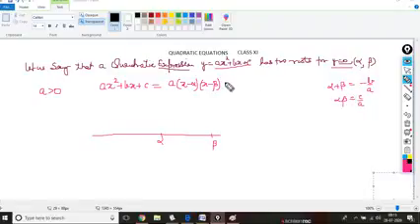So if you simplify this, you get a into x square minus (alpha plus beta) into x, plus alpha beta. Check this out.